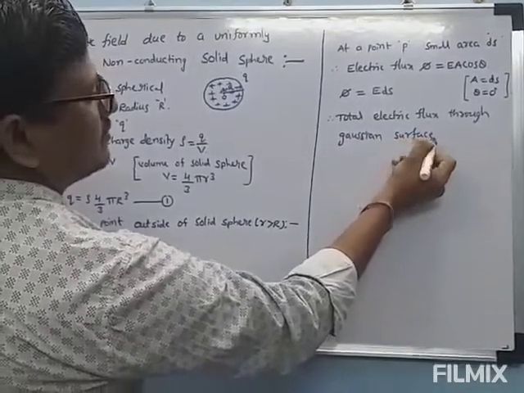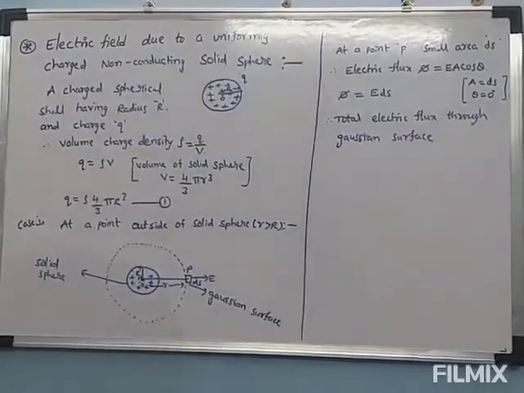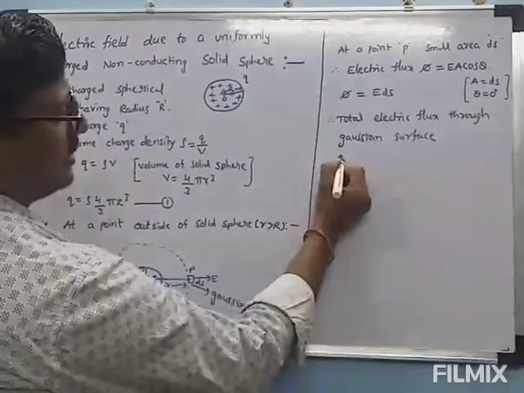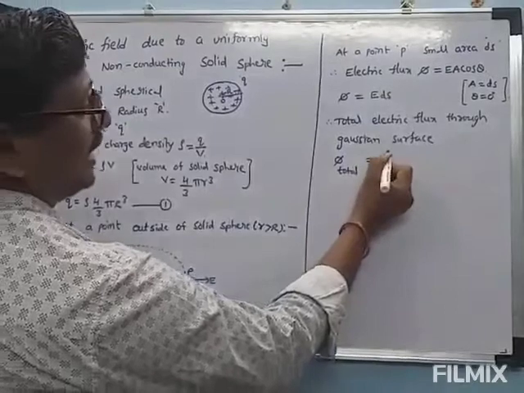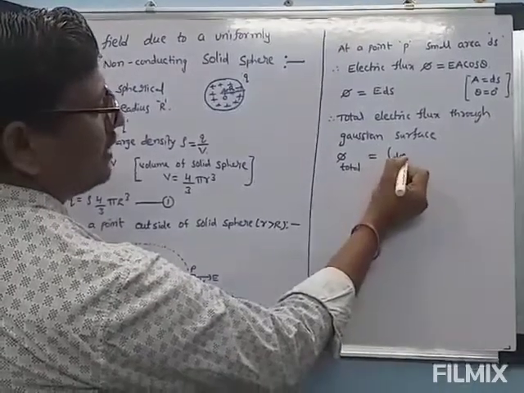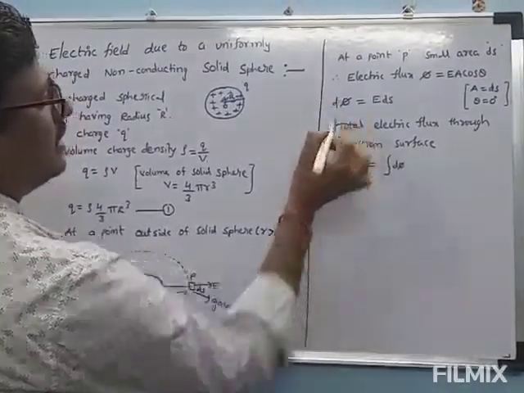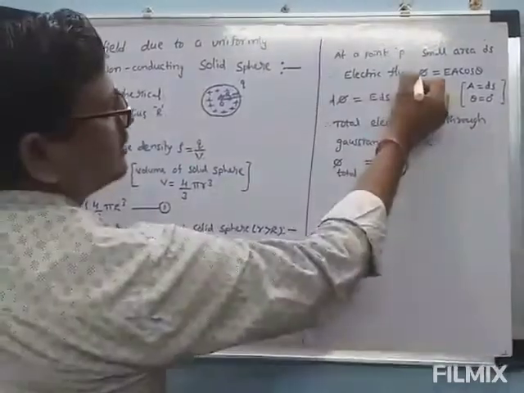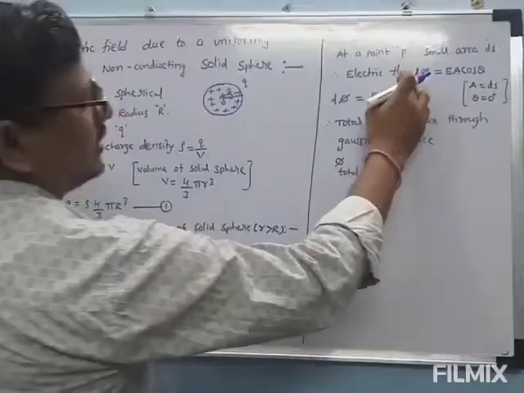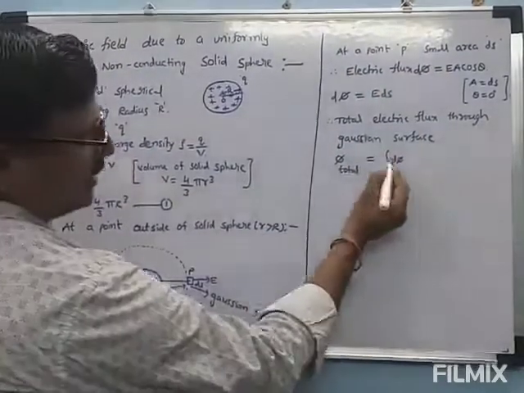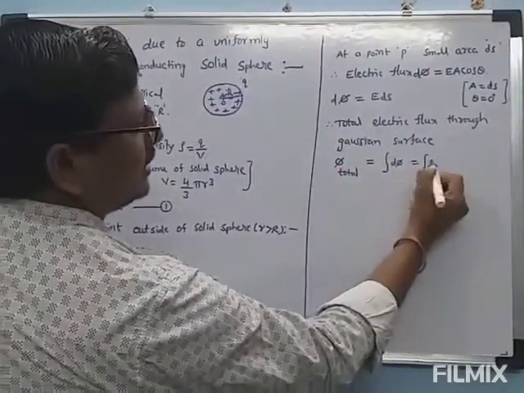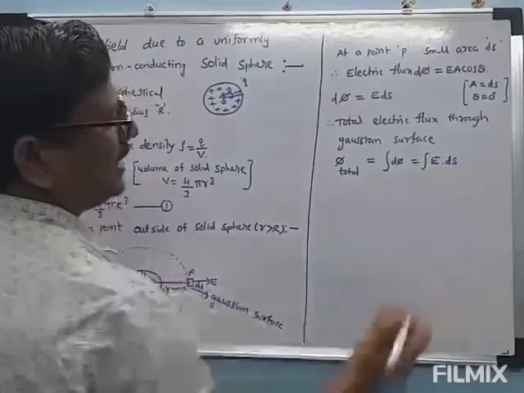Total electric flux is equal to the integration of d phi, which is the integration of E ds.